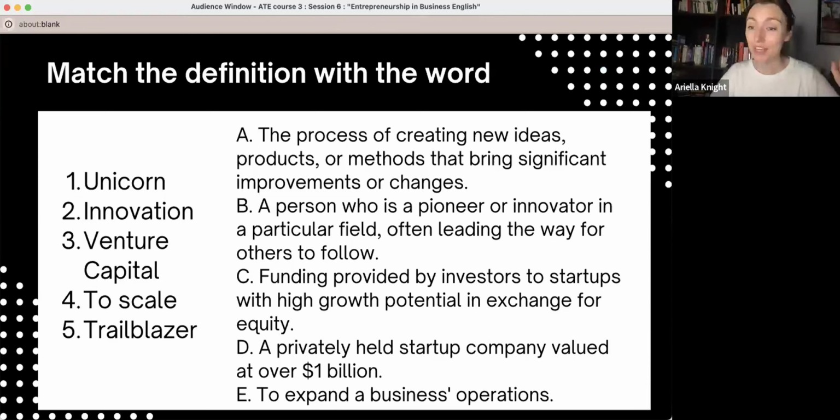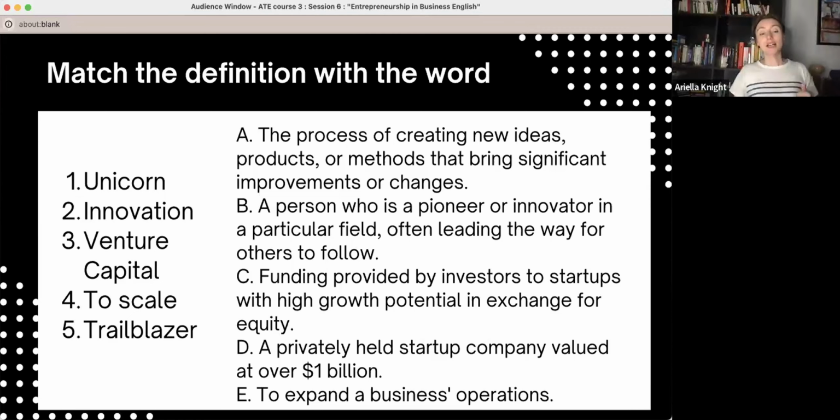It is D. A unicorn is a word for a company that's valued at over $1 billion. So there's not that many of them in the world. They are things like Meta for Facebook, and Canva. If you ever use Canva to make designs online, Canva is a unicorn, a more recent one as well.